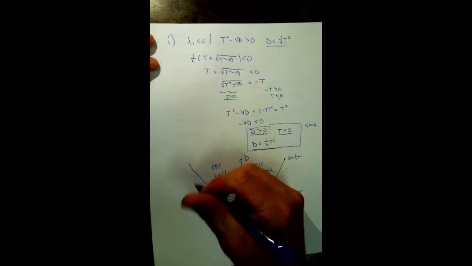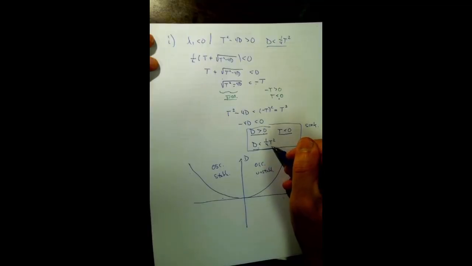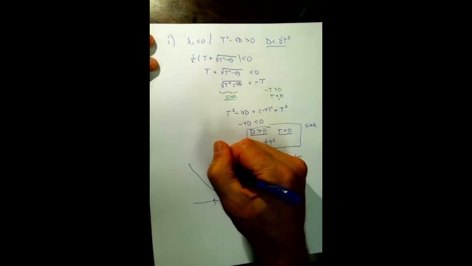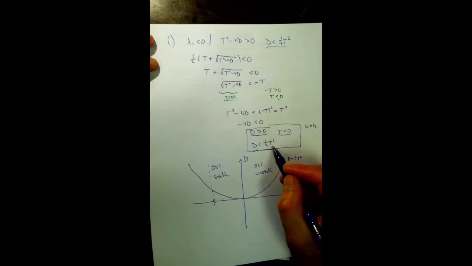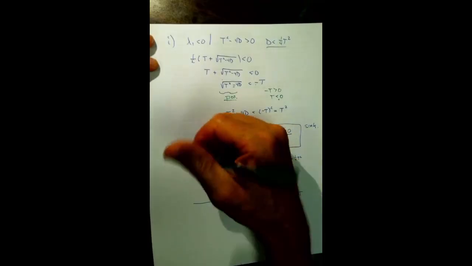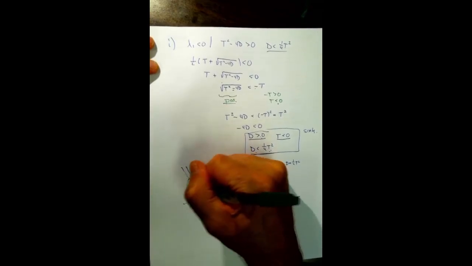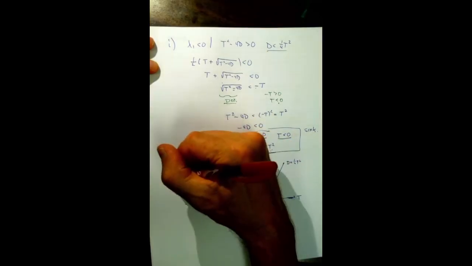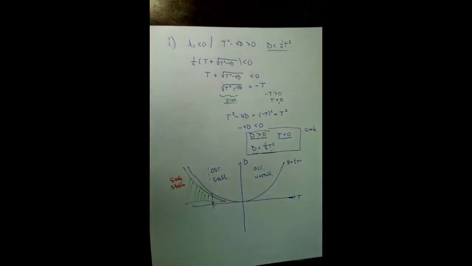But t is negative, so that means I'm going to be in here, and I'm below this parabola. So if you give me a value of t, I know the value of d has to be between 0 and this parabola because it's bigger than 0 and less than this. So I've just marked out this whole region. And so in here, it's going to basically be a sink and it's going to be stable.